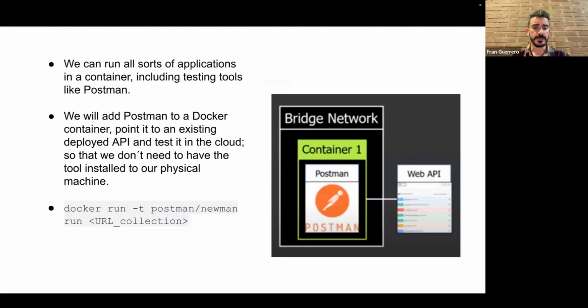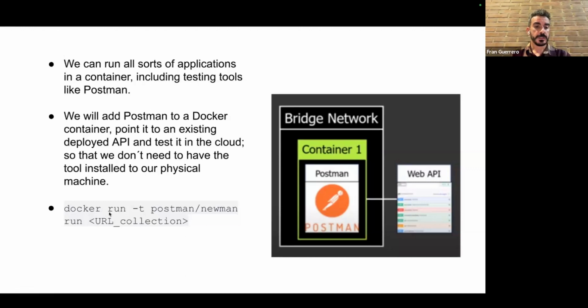So the trick here is just downloading a container. As you know, Docker has a lot of containers in the Docker Hub. Docker Hub is a kind of repository with images that already have some tools or applications installed. So, for example, if we need a container to run Postman test cases, we should use a Postman Newman image from the Docker Hub.